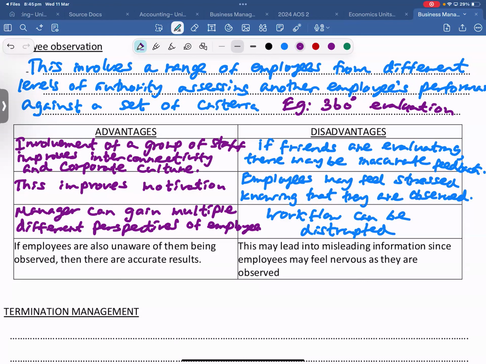Then your peers, people who are at the same level, observe you. Also subordinates, people who are below you, observe you. Everybody is observed. So that's what we call a 360-degree evaluation. Everyone, 360 degrees, all the levels, top, bottom, sides, everybody is evaluated.